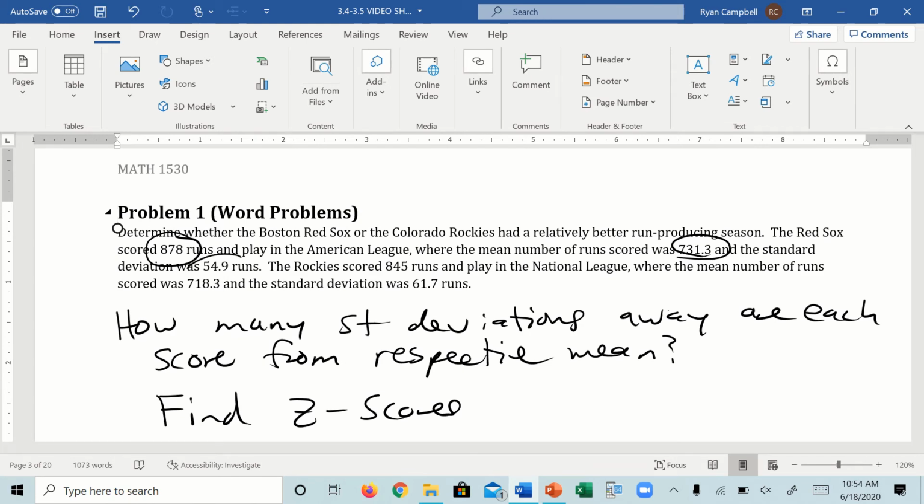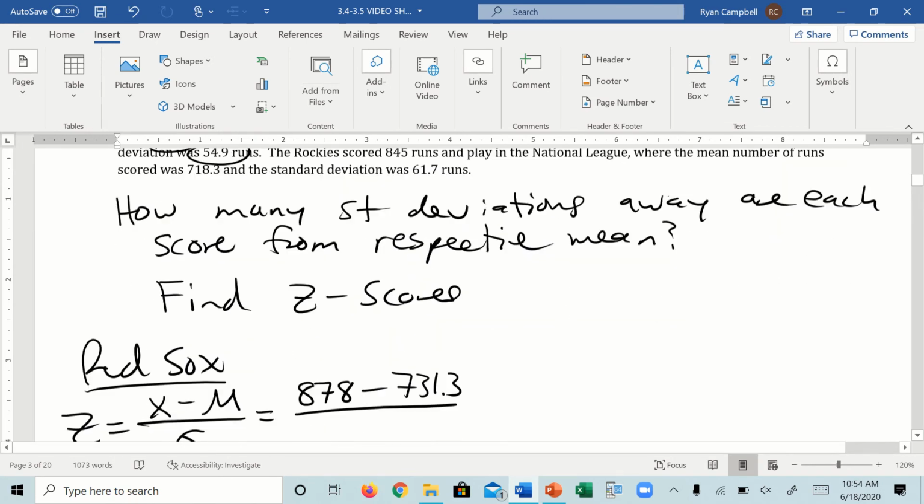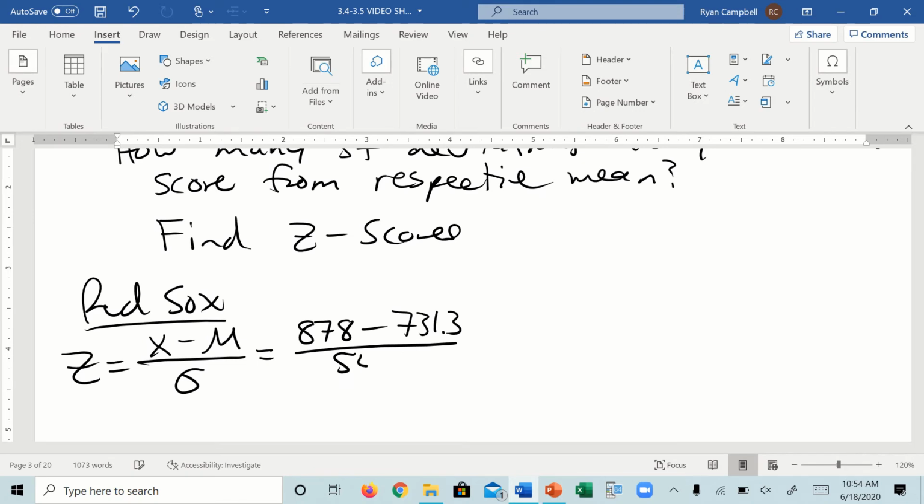The American League standard deviation was 54.9. All right. When you subtract that out and then divide, you end up with about 2.67. So the z-score for the Red Sox is 2.67.